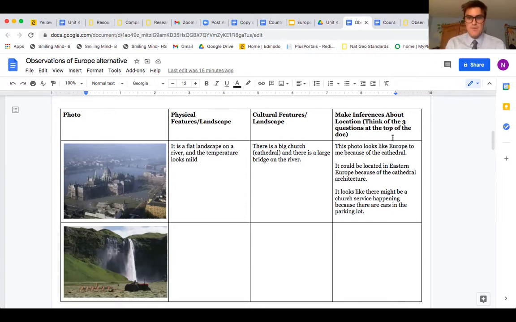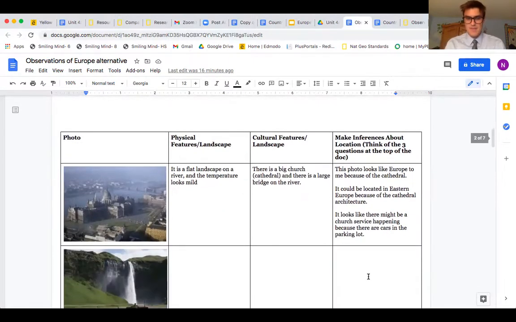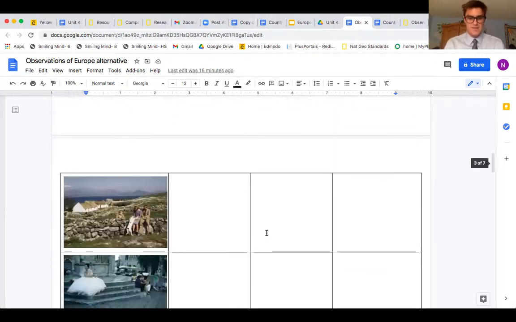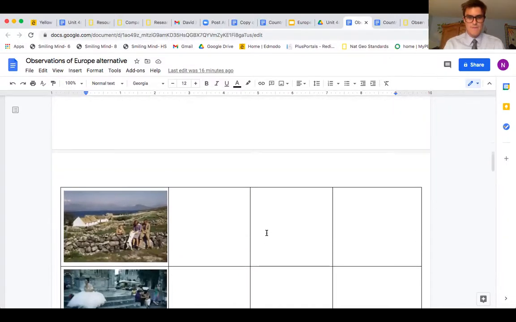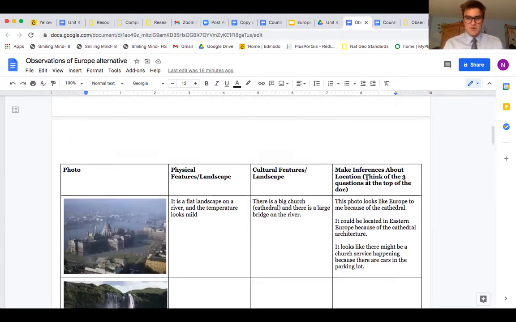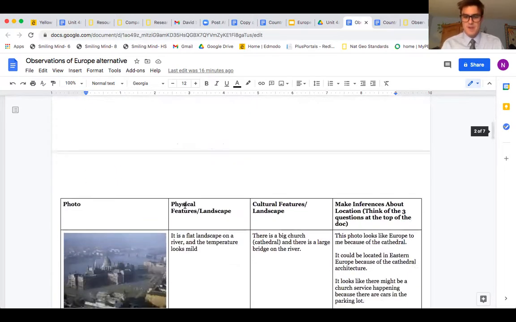Think about the 3 questions at the top of the document. If you can answer those 3 questions, then you can fill it in right here. We have a series of images for you to do that for: physical features, cultural features, and then answering all 3 of these questions up here at the top of the document.